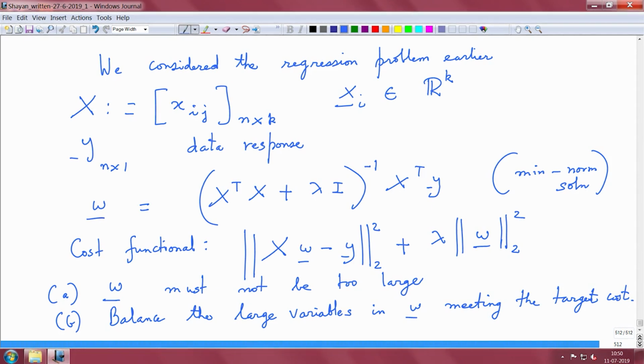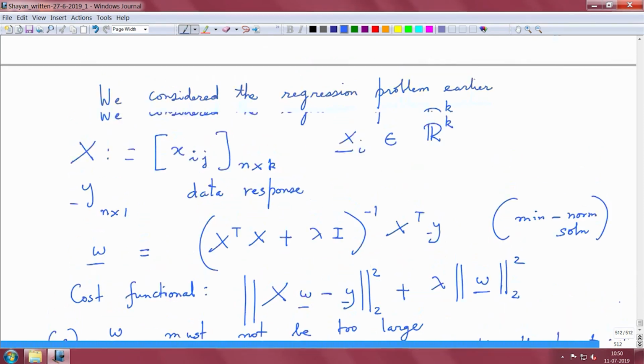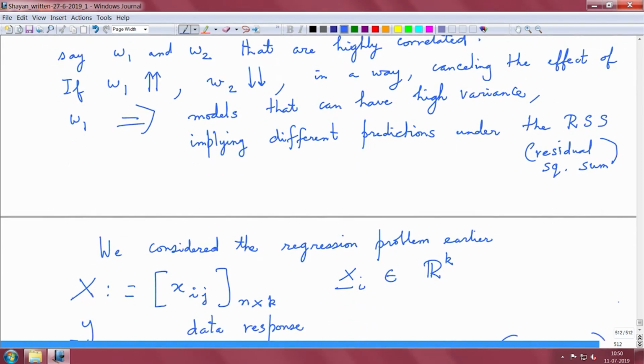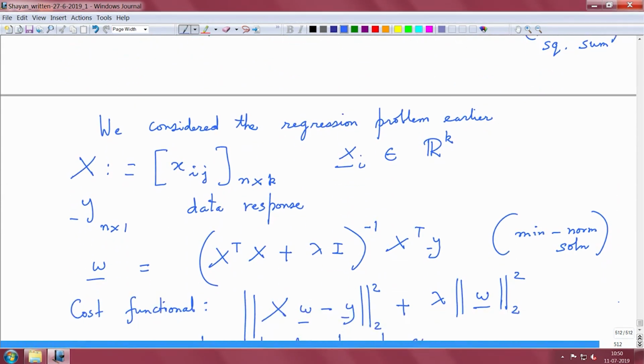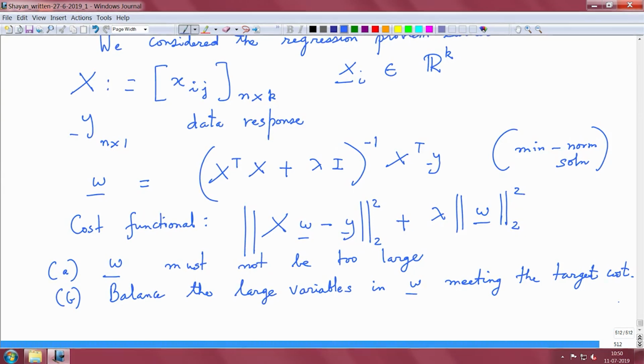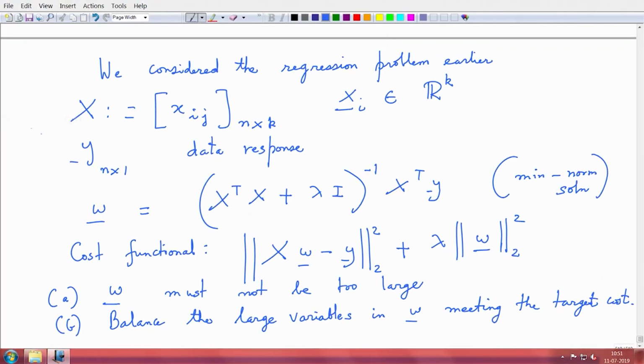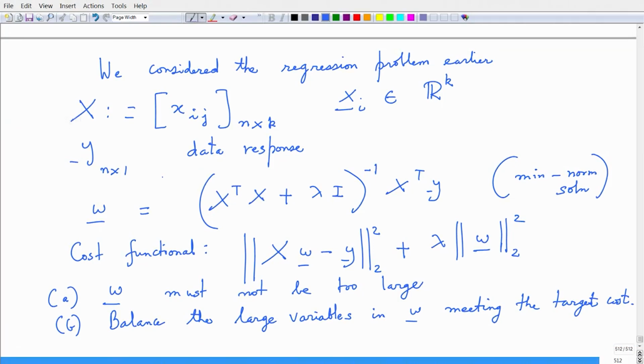And this can give us issues that I discussed earlier, that if you have correlated variables, I mentioned to you that if one grows large the other becomes small in a way that cancels this effect. So, therefore, you can have different predictions under different conditions, but the calculus is sort of smooth because you can work through the math under the L2 norm constraints.